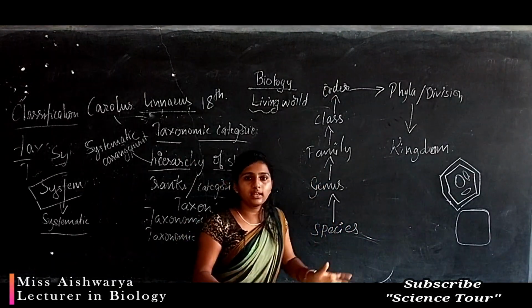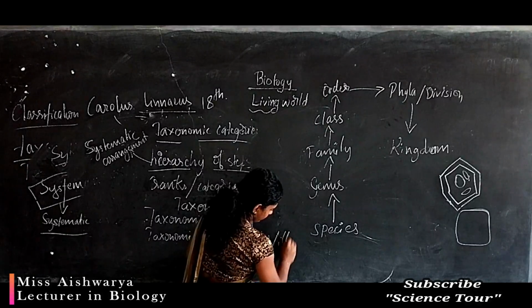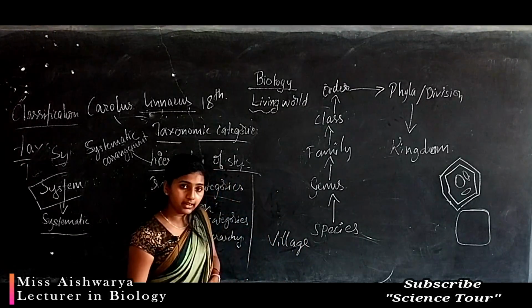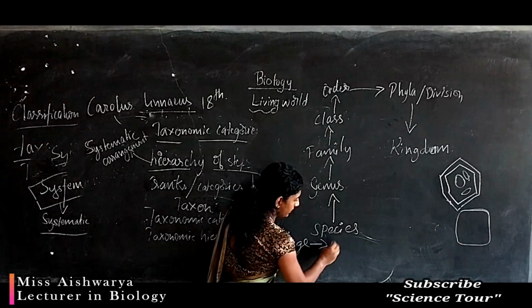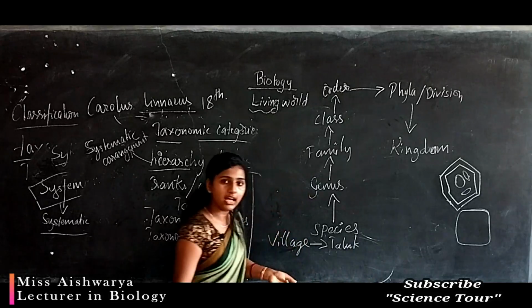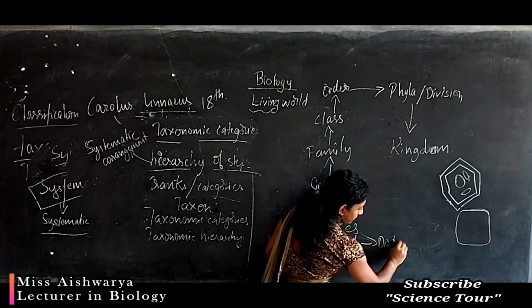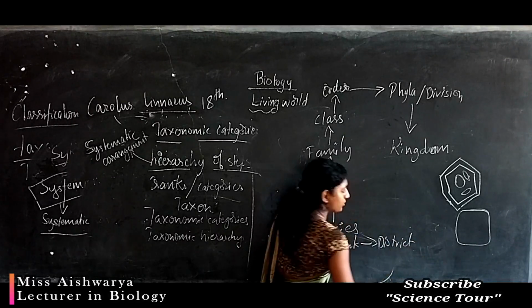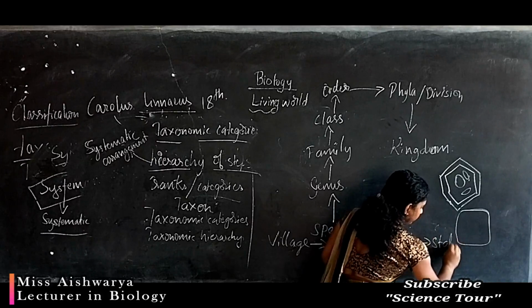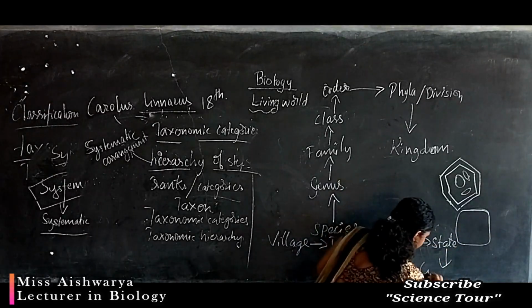It's just like a village. If you consider your area as a village, village will come under a particular taluk, right? And taluk will come under district. District will come under state, and state will come under country.